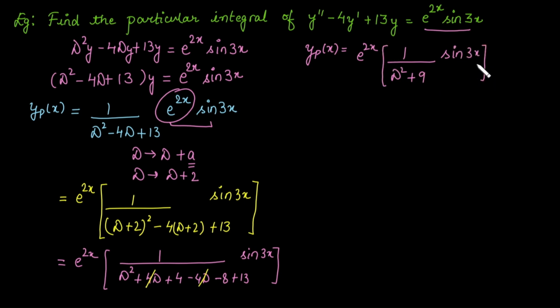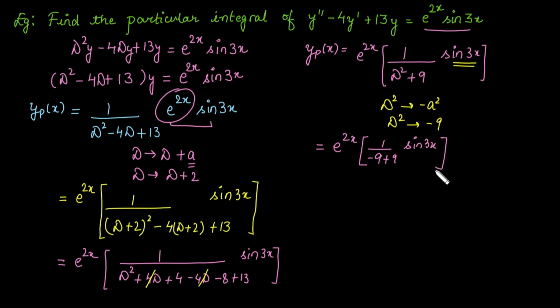In case of sine and cos, we replace D square by minus a square, where a is the coefficient of x in sine or cos. In this case the coefficient of x is 3, so 3 square is 9. So we replace D square by minus 9. So finally we have e raised to power 2x, 1 upon minus 9 plus 9, sine 3x.